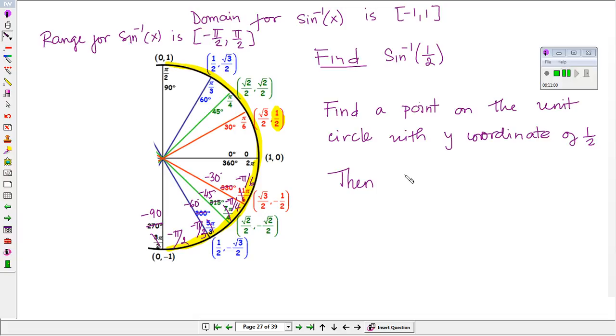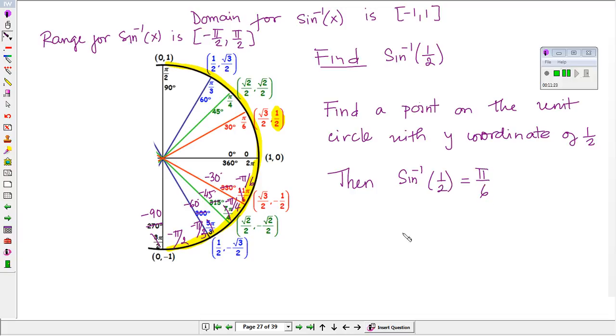So therefore we can conclude that inverse sine of 1/2 is, remember the range, which is the degrees or the arc length in radian.